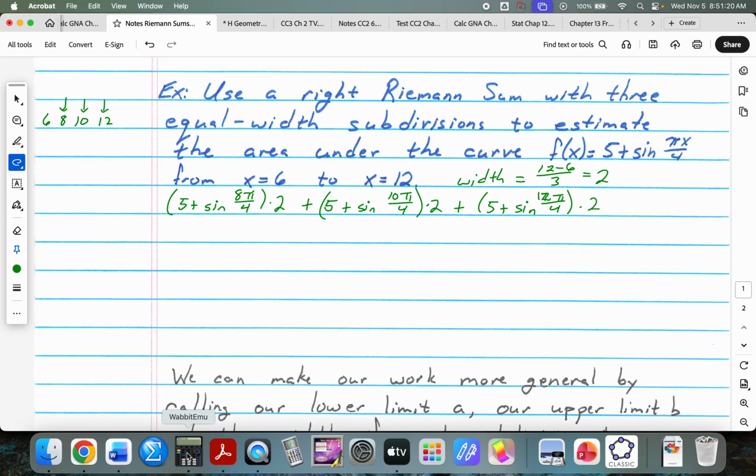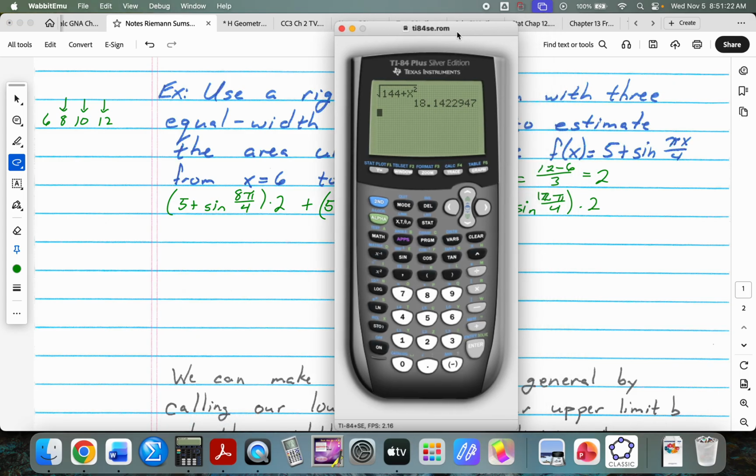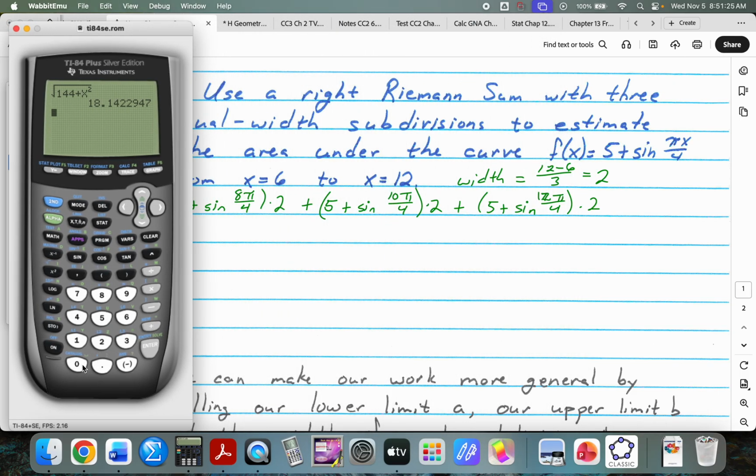And at that point, we can grab a calculator and put all that in if we want to get an actual value.